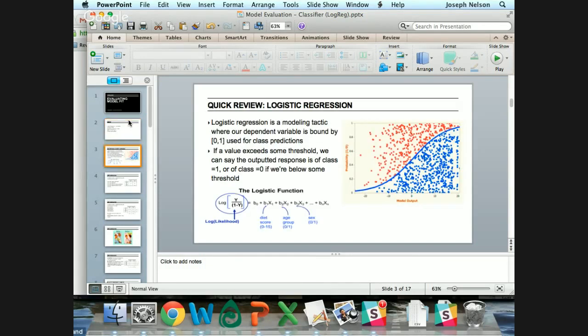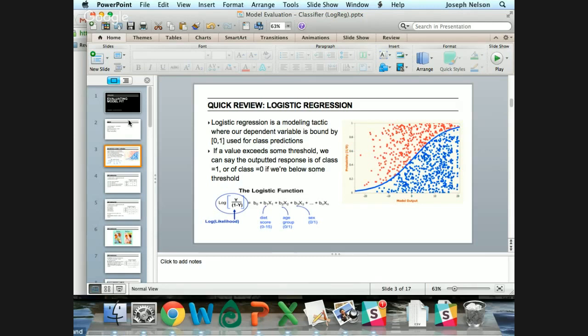Cool. So first and foremost, a quick review of logistic regression. Logistic regression is a modeling tactic where our dependent variable is bound in the sample space 0 to 1, and our distribution follows a logistic model.